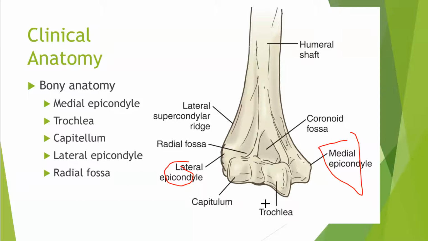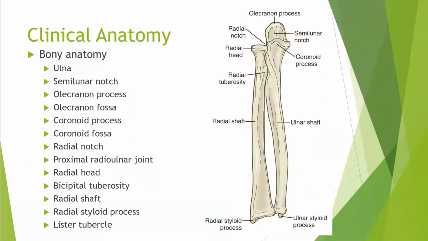You've got the radial fossa that the radius is going to go inside, and the coronoid fossa. Each of these are going to be important when we're palpating our patients. And then going just distally, down into the forearm, you've got a lot more of that bony anatomy that we're talking about.